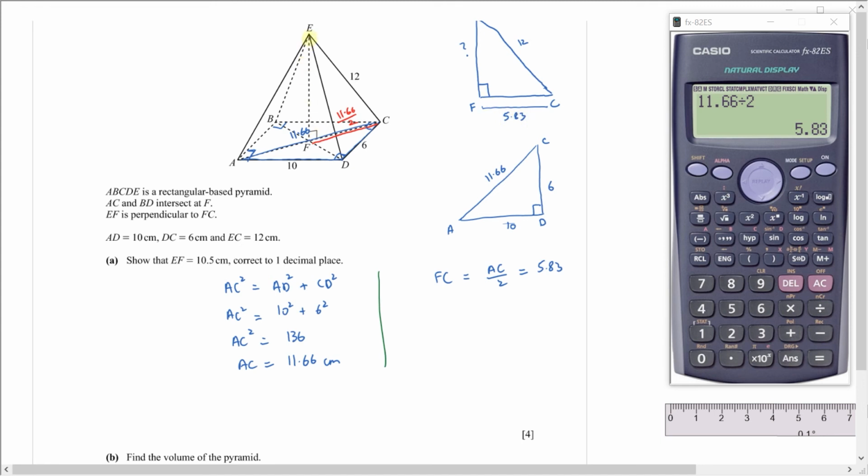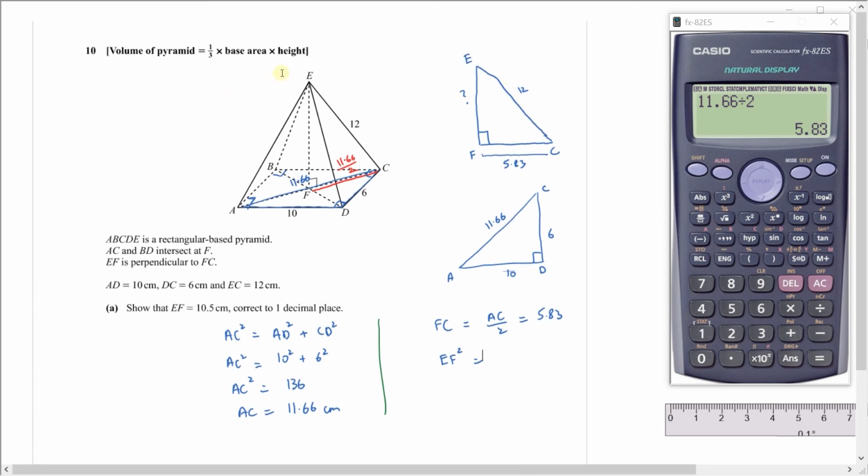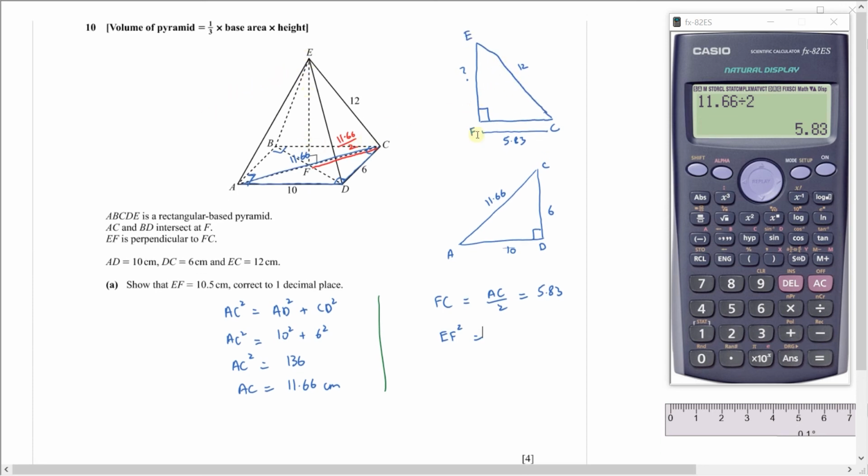So if I look at this triangle EFC, it is a right angle triangle. I know the hypotenuse is 12. I know that this side, let's call this the base, is 5.83, or 11.66 divided by 2. And EF is the only unknown that we need to show. So I'll use the Pythagoras theorem for this triangle EFC here.